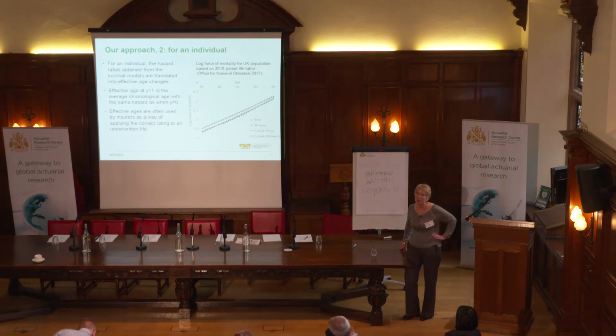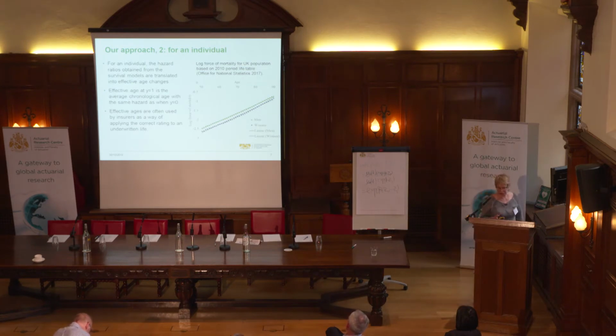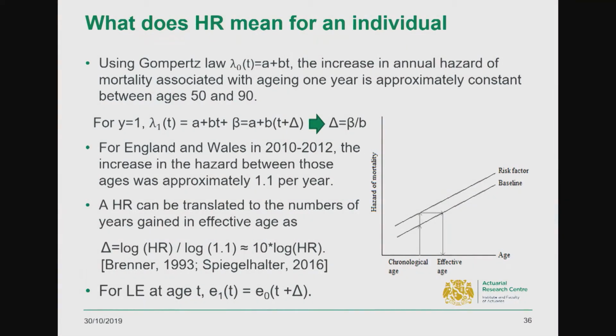Okay? Of course, when I have straight lines, my calculations of effective age are much, much simpler. So you can see from that plot here what I'm doing. My first line, the baseline, is just A plus BT, a straight line.